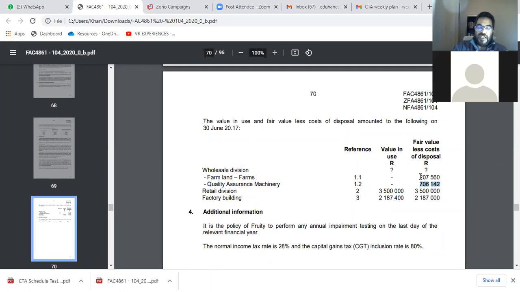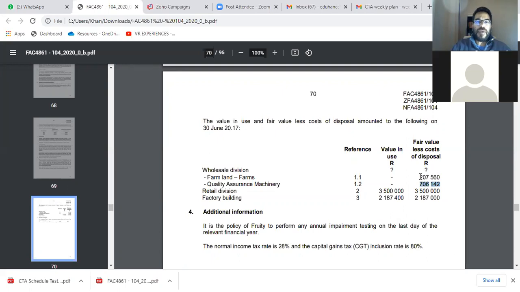What is this going to be? The accounting standard tells you that you need to perform an impairment test on an individual asset. However, if the individual asset cannot generate cash inflows independently, you need to test the particular asset for impairment as part of a CGU, the smallest group of assets that can generate cash inflows independently. That is why we're going to test the CGU wholesale division for impairment.